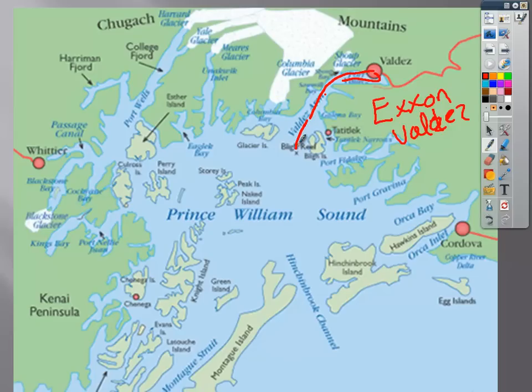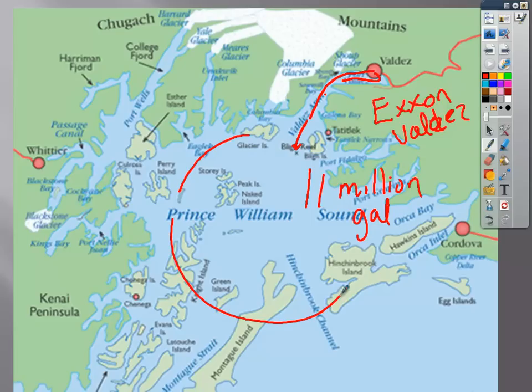It went through the left-hand lane, and right here crashed in what they call Bly Reef, which is a series of boulders underground. It tore open the side of the Exxon Valdez, and over the next 2 weeks, 11 million gallons of oil spilled out and went into Prince William Sound, which is a very pristine wildlife area.